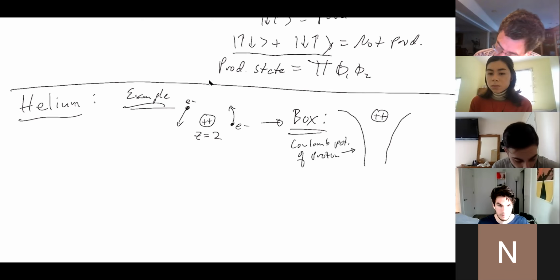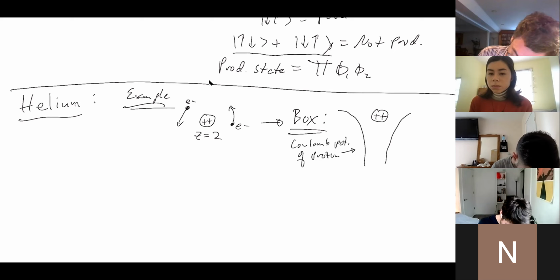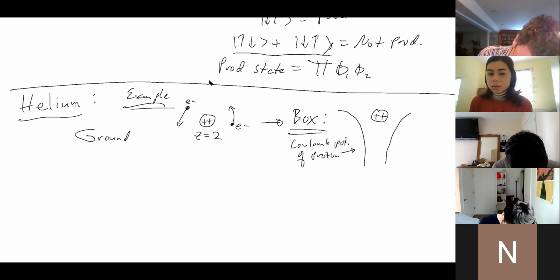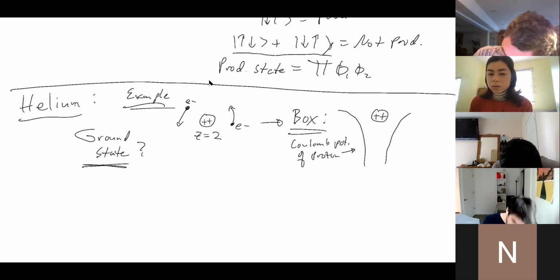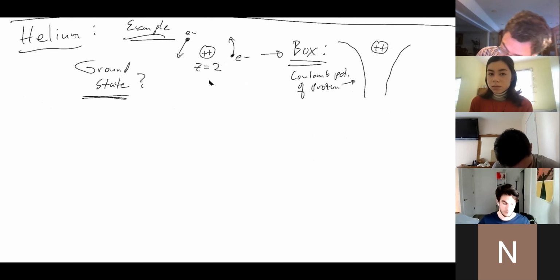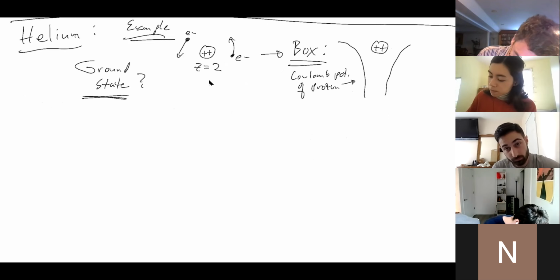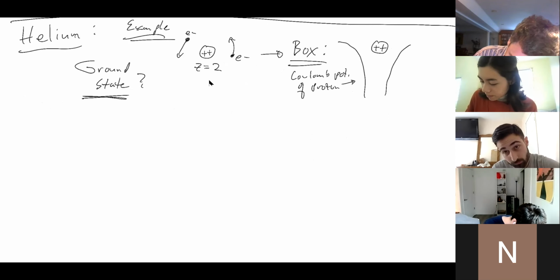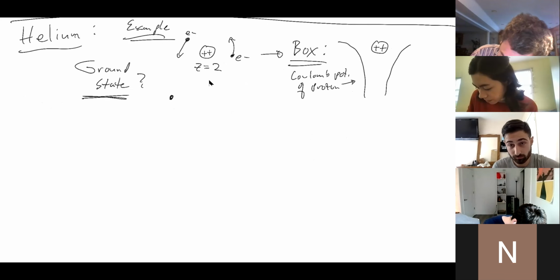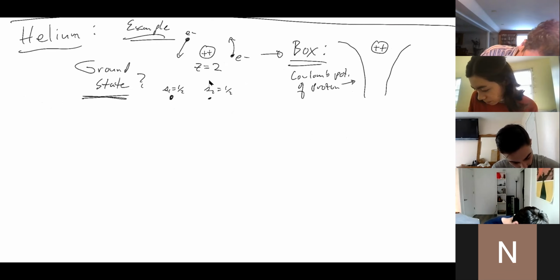And so what we do is we ask ourselves, what's the ground state of the helium atom? We have 2 electrons, S1 equals 1/2, S2 equals 1/2. And we have a box.